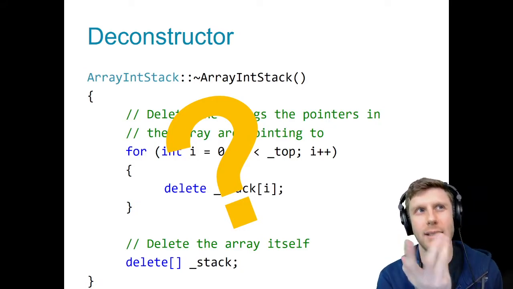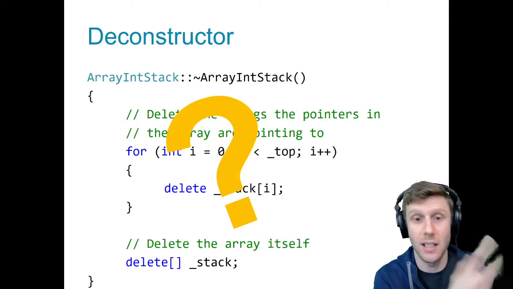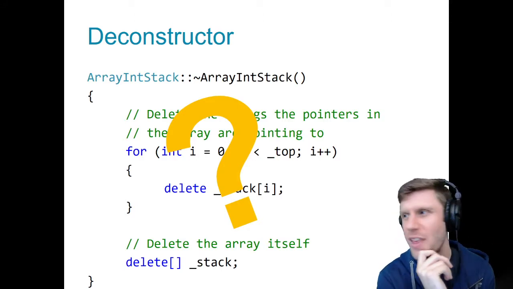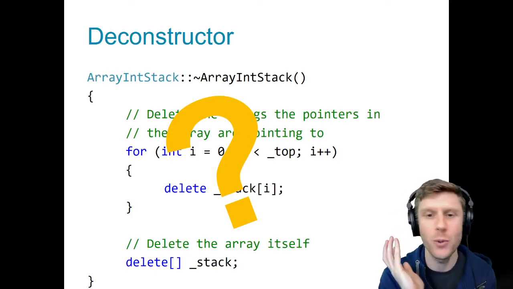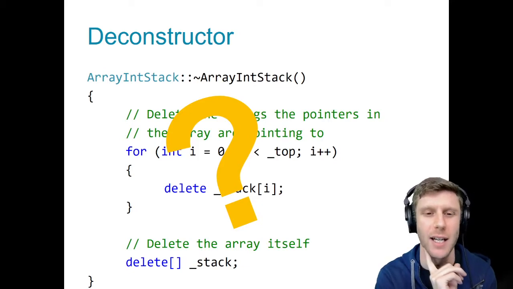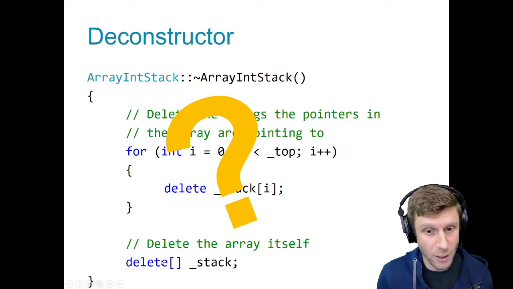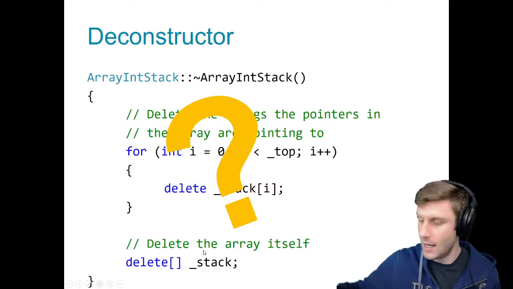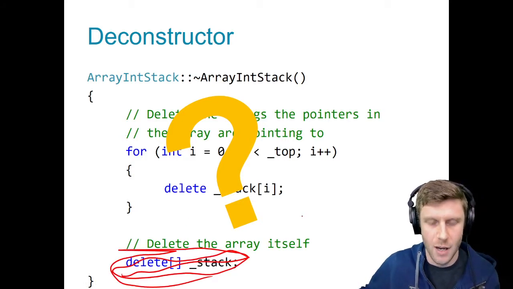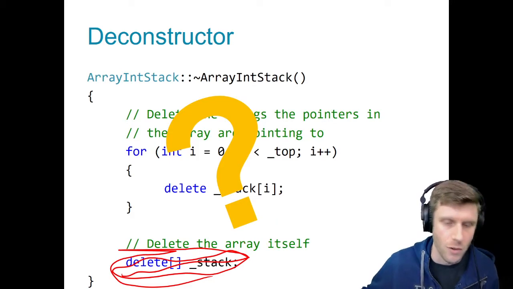Whenever we delete stuff, remember, for every new, we need to delete. But we have to be careful and think about who is responsible for that allocated memory. The stack right here, I am absolutely responsible for this because in my constructor, I said new stack.